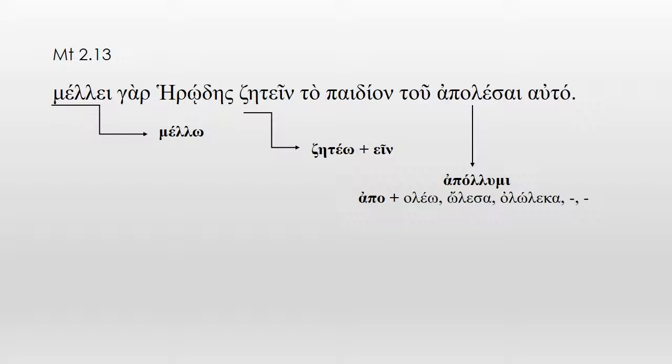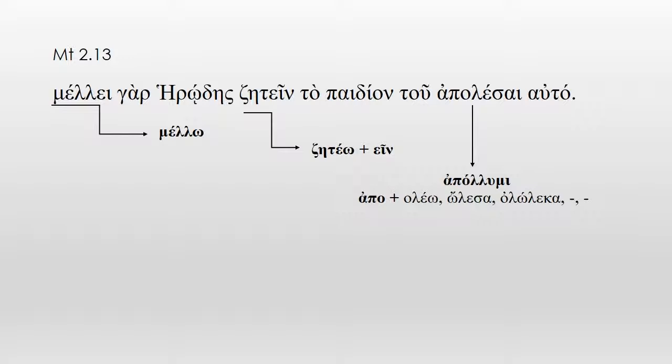But we have Herodes in a nominative case, makes it perfect match for the verb meli. So the King Herod is about to, right? Because it's in a present form. About to as zidin, to search, to look for.